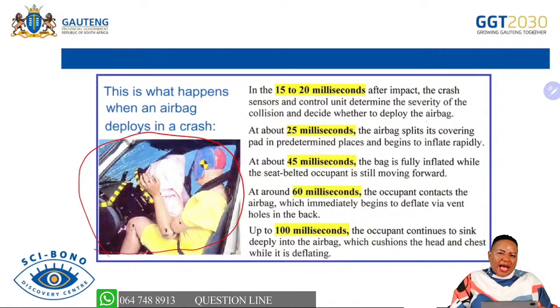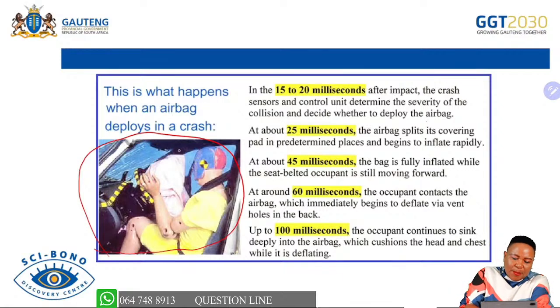In some cars, when the safety belt is not on, they normally don't even release the airbag. We learn these safety features in physical sciences so that they can inform some of the decisions we take when we are inside cars or traveling.